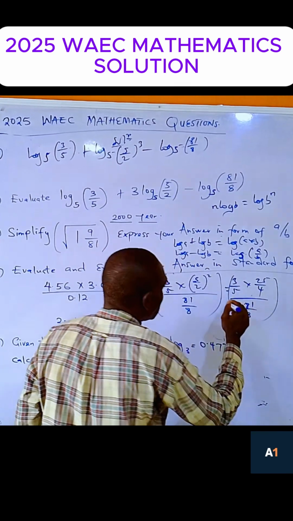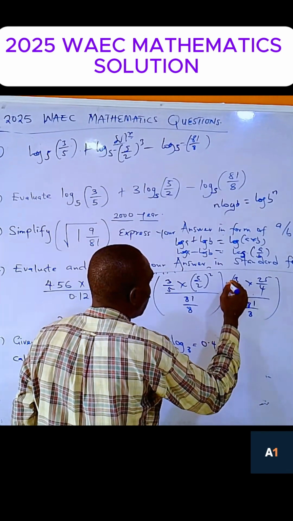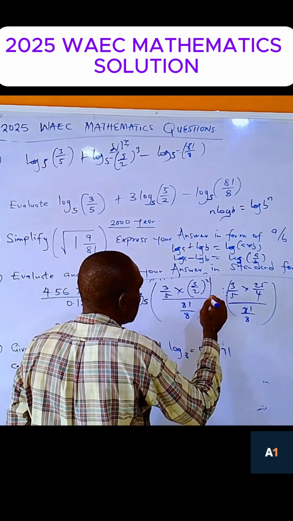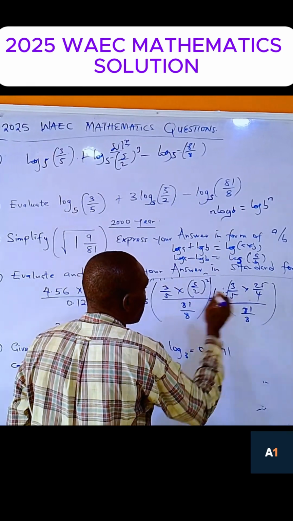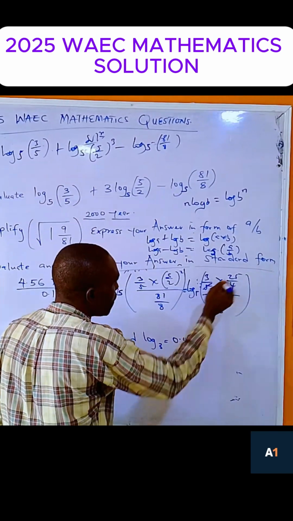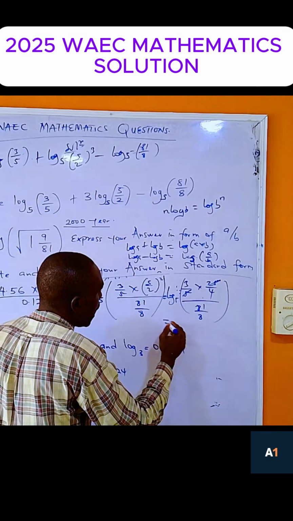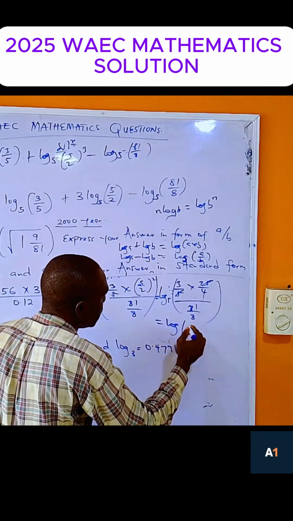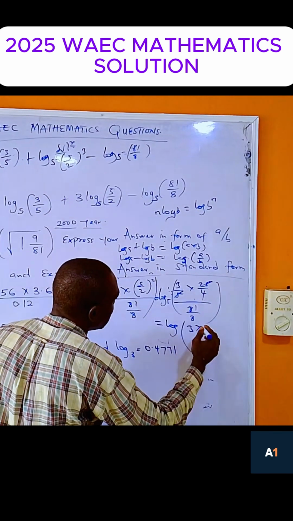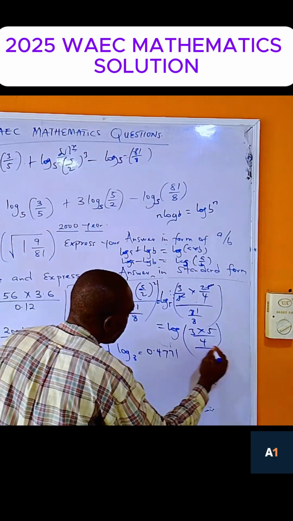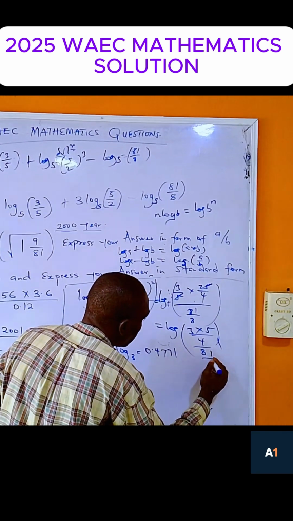So the log is inside. Let me try to put it like this. So equal to log base 5 here to see it. Now what you do here is this: this 5 will cancel this 5. So we now have log open bracket 3 times 5 over 4, then all over 81 over 8.